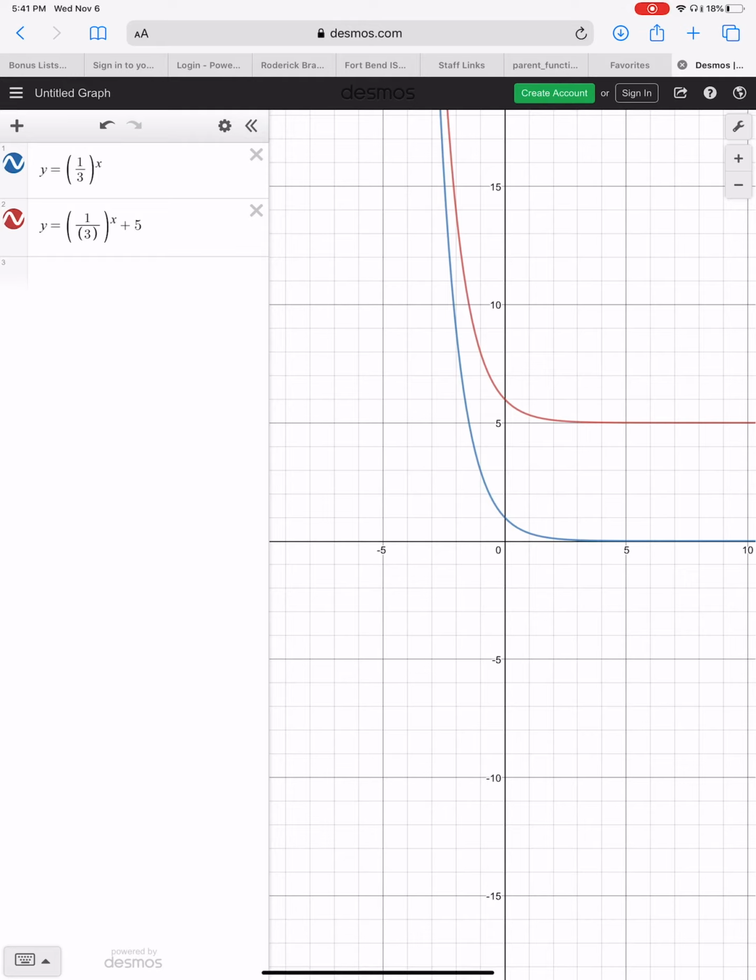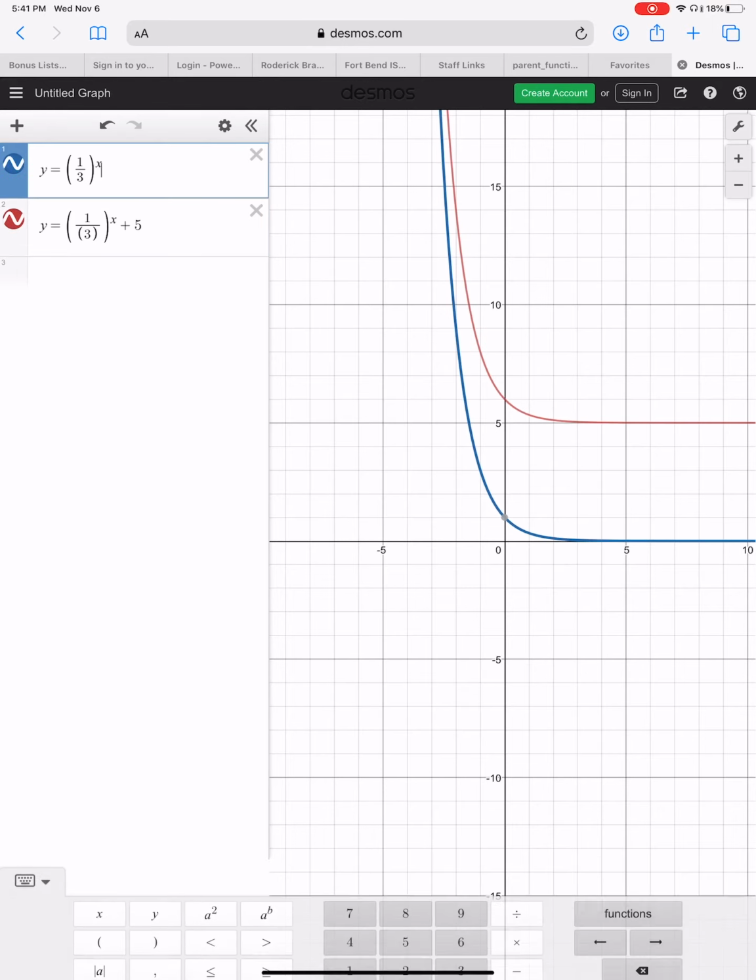So the blue function is my parent function. The red function is the relative function. So notice that on the blue function, my y-intercept was (0, 1). On my red function, the y-intercept is (0, 6).